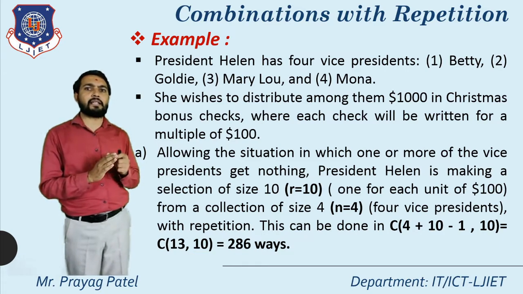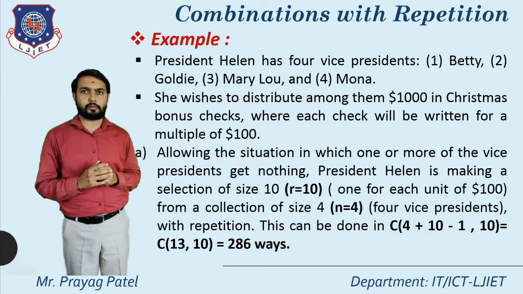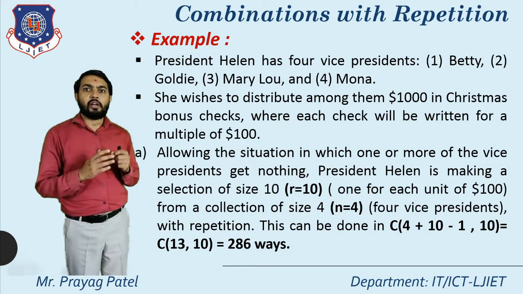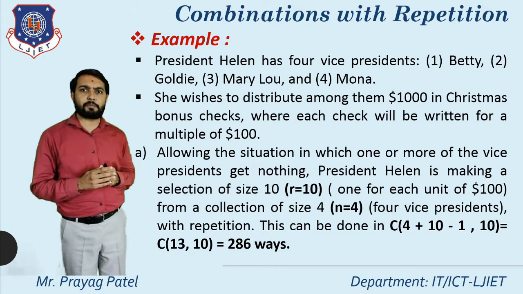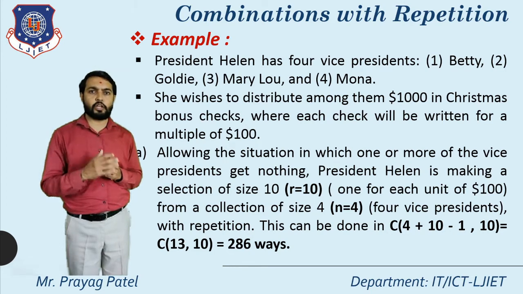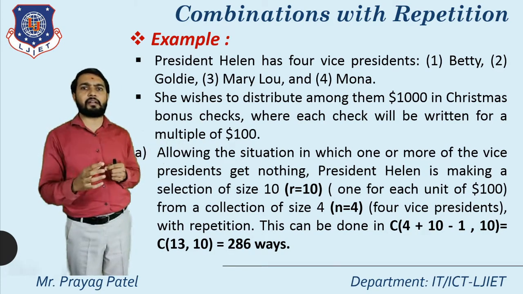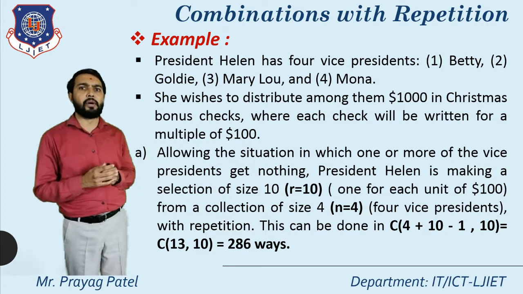Each check is worth $100 and the total is $1,000. Now the first concept in this example is allowing situations in which one or more of the vice presidents get nothing. So it is possible that some vice presidents get nothing, or the remaining vice presidents get the high money.